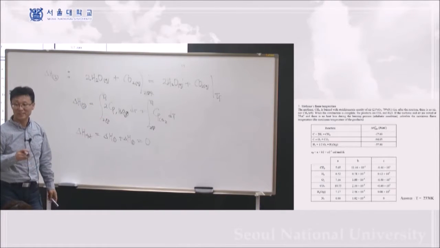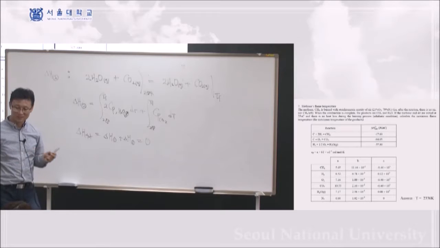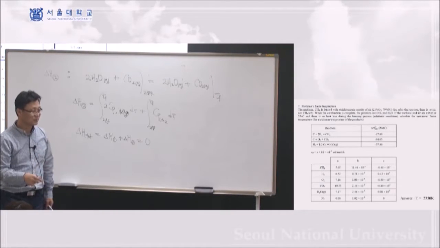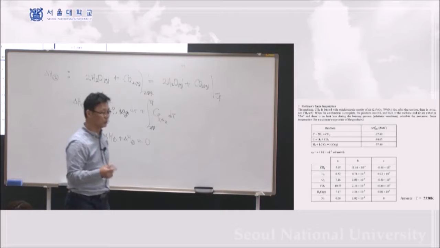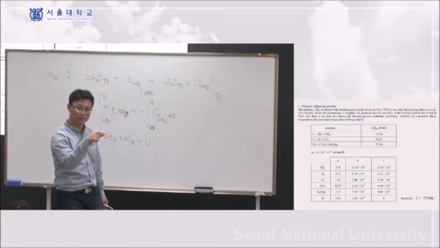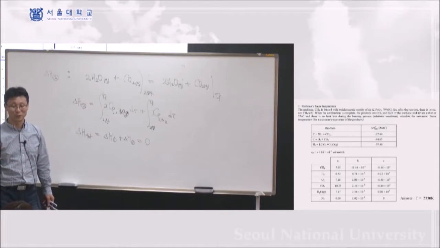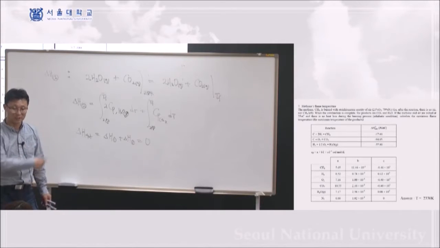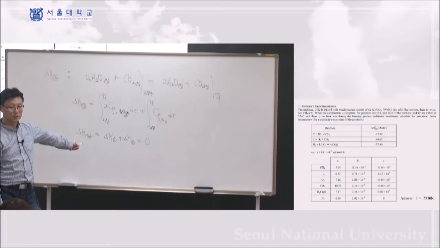It's not a linear function, not a first order function, it's actually a second order equation probably. So you cannot just do it by hand probably. You need a reasonable calculator, or if you know the formula for the second order polynomial equation, you can just use that and get the answer. Is it okay? Good?